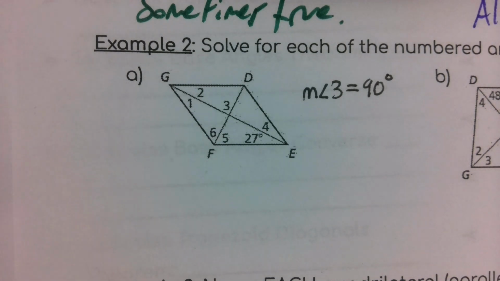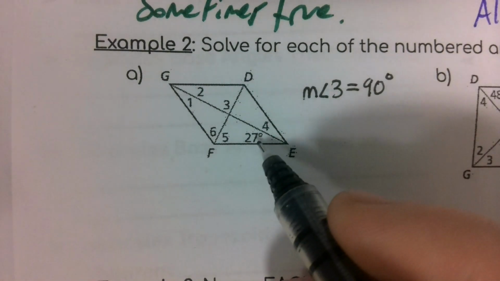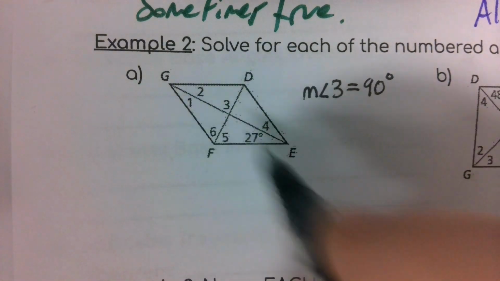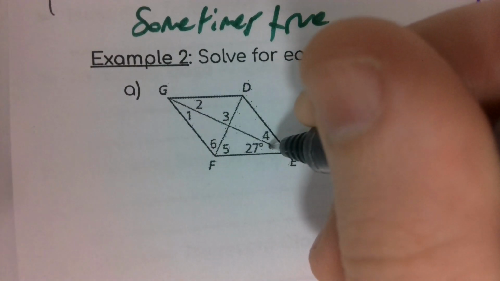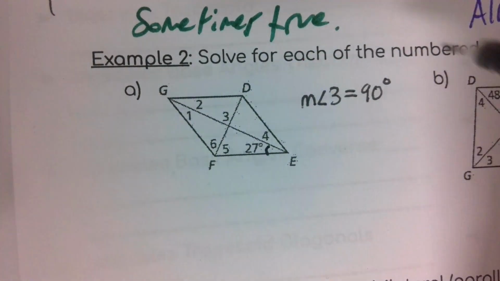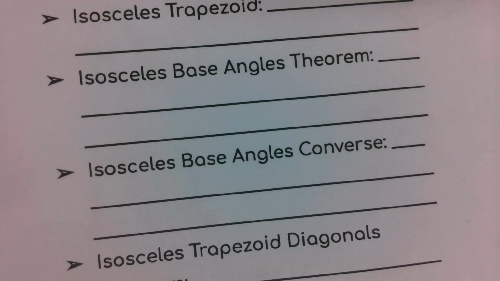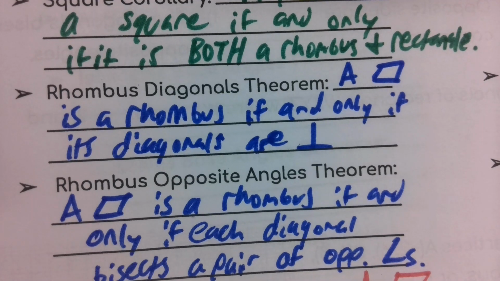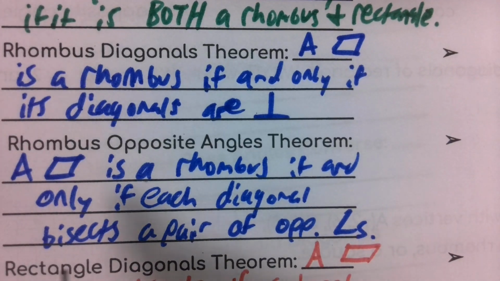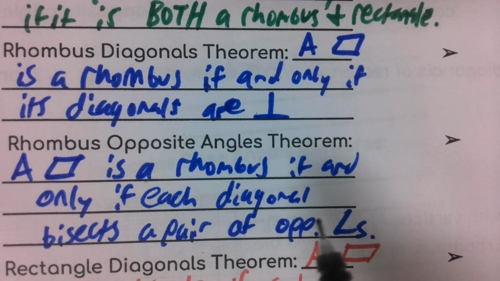Beyond that, we're sort of stuck until we see that this angle here, FEG, this tiny angle, is 27 degrees. Don't we know something about the opposite angles of a rhombus? According to the rhombus opposite angles theorem, each diagonal bisects the pair of opposite angles.